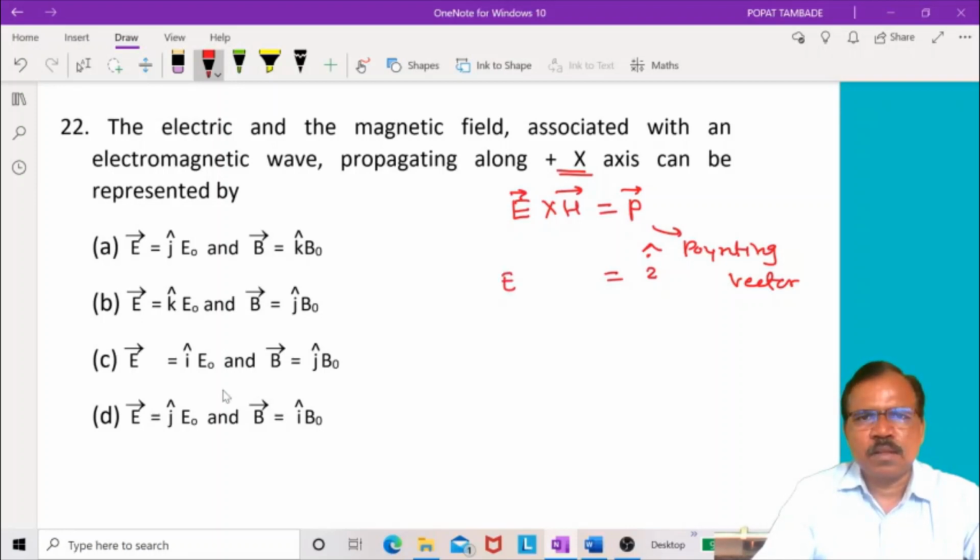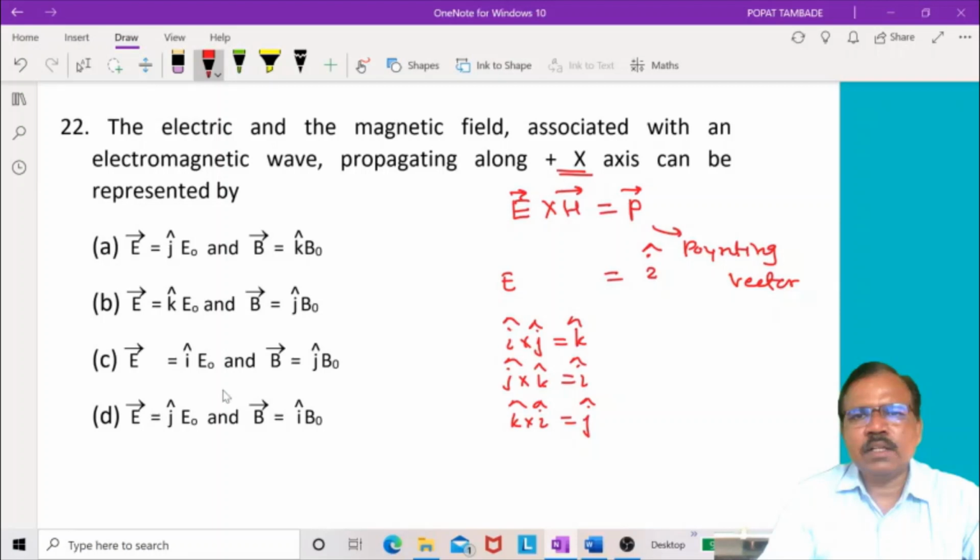Now we know i cross j is equal to k, j cross k is equal to i, and k cross i is equal to j. So cyclic order. So j cross k is equal to i. On this side we have i. So we must have j cross k, so here the y component and here the x component.